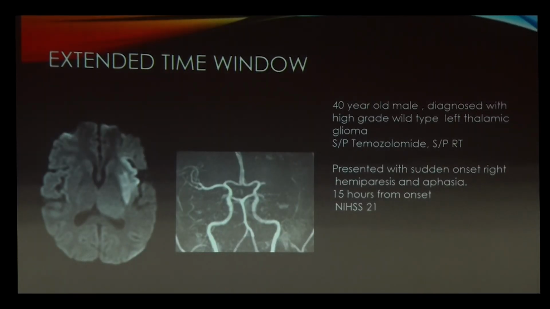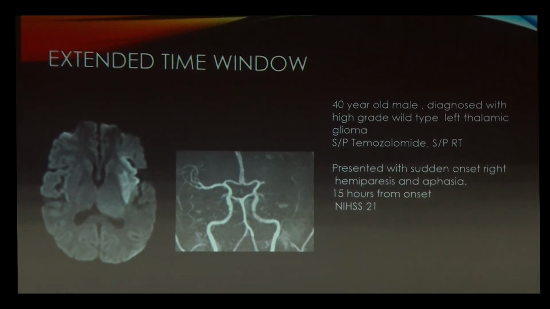For example, this is a case of extended time window: a 40-year-old male diagnosed with high-grade wild-type left thalamic glioma, post-temozolomide and post-radiotherapy. He presented with sudden onset right hemiparesis and aphasia, 15 hours from the onset, and his NIHSS was 21 at arrival.